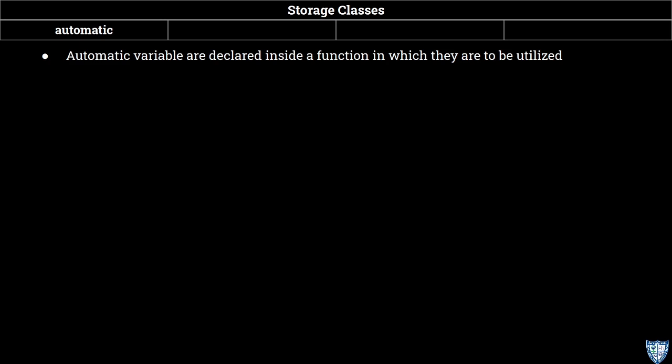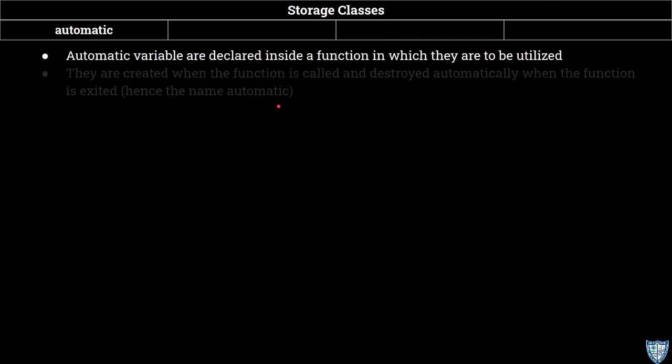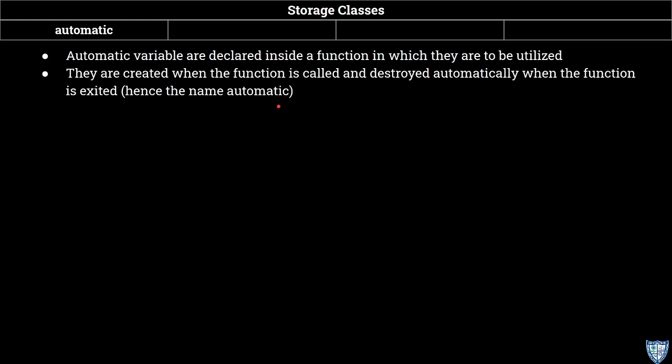Those variables are called automatic variables, or in other words, the storage class of those variables is automatic. So automatic variables are declared inside a function. That is the point to be noted here. It should be declared inside a function. And these variables are created when the function is called and destroyed automatically when the function is exited. Hence they are called automatic variables.